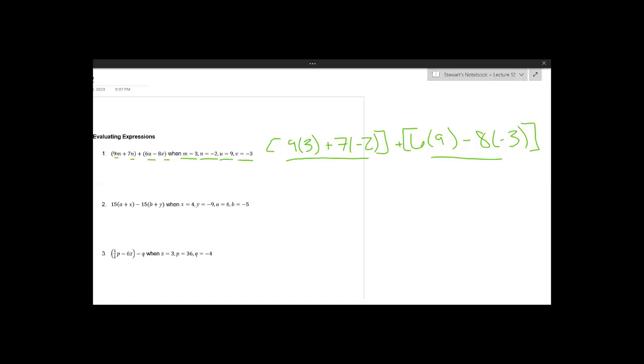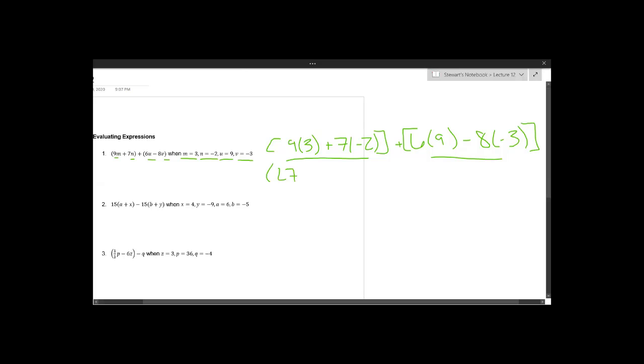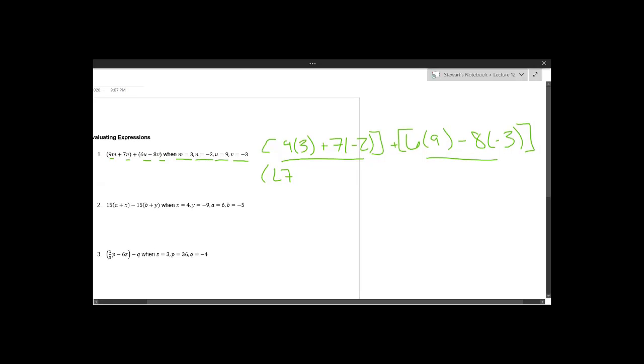So we have 9 times 3, which is 27, and 7 times -2, which is -14. So we have 27 minus 14 plus 6 times 9, which is 54. Minus 8 times -3 is +24.